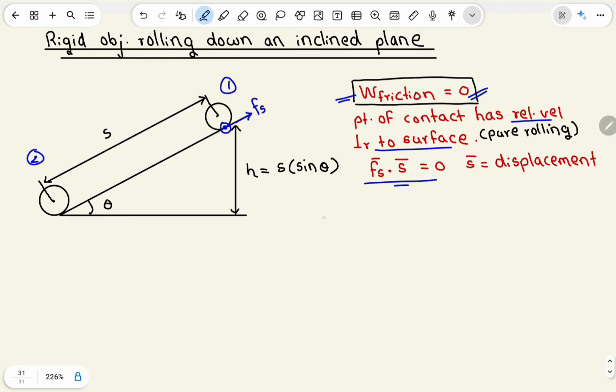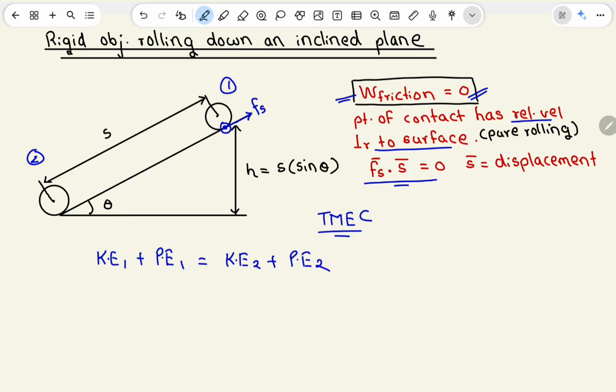So by total mechanical energy conservation, I can write kinetic energy at point 1 plus potential energy at point 1 is equal to kinetic energy at point 2 plus potential energy at point 2. Now, initially at point 1 the object is at rest, therefore the kinetic energy is 0. The body at point 1 has neither rotational kinetic energy nor translational kinetic energy.